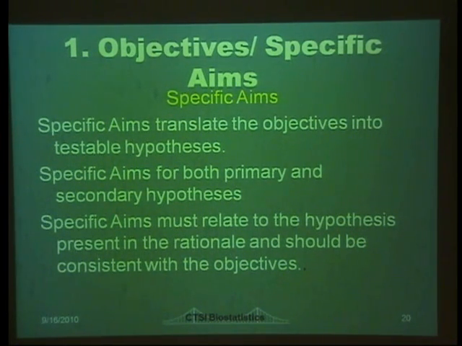I know a lot of times I've gotten protocols, they want to know how big the sample size is, and they got 20 different things that somebody wants to test, but they don't tell you which is the most important. The specific aims, once we have them, should be discussed in the rationale, and they should be consistent with the rationale and consistent with the objectives.